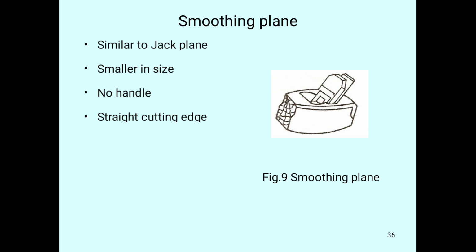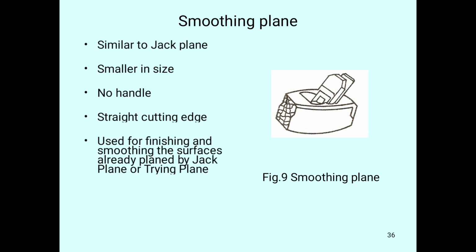Next, straight cutting edge. This is used for finishing and smoothing the surfaces which are already planed by a jack plane or trying plane.